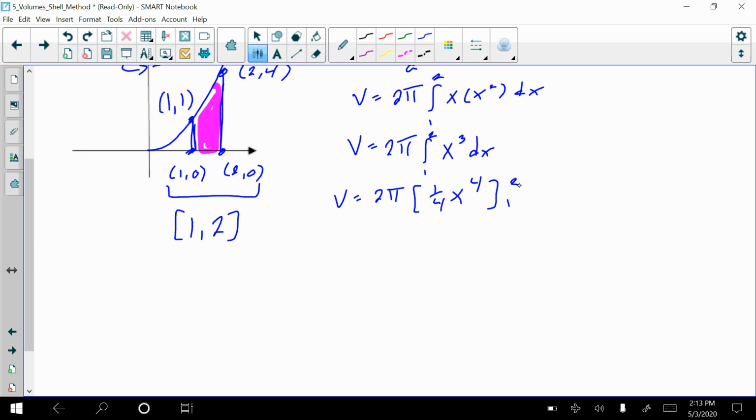Now the 1/4 is going to be a common factor between the upper and lower bounds when I use the fundamental theorem to find the volume. So I'm going to go ahead and factor out the 1/4 as a constant also. So 2 times 1/4 will be 1/2 pi, or pi over 2, however you want to write it. And now we can start plugging in the 2, so it'll be 2 to the 4th power minus 1 to the 4th power.